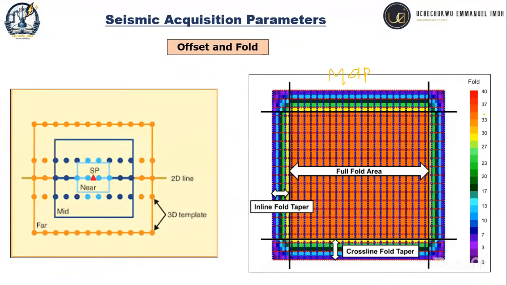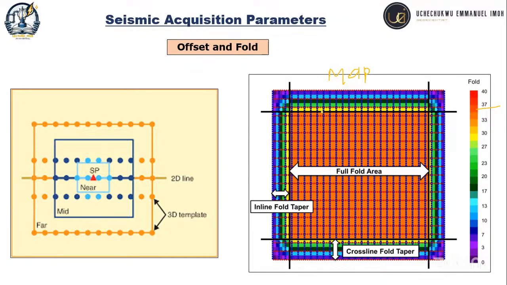From the legend on the right, you see that the central part of the data is having a kind of orange to reddish color. So the fold around here is about 30, maybe 35 folds. So this data is around 35 fold data when it comes to maximum fold.